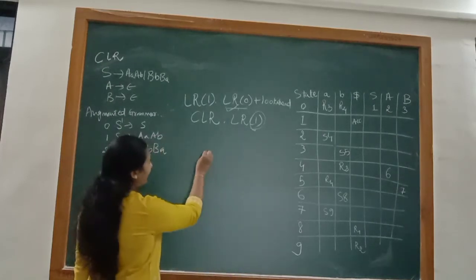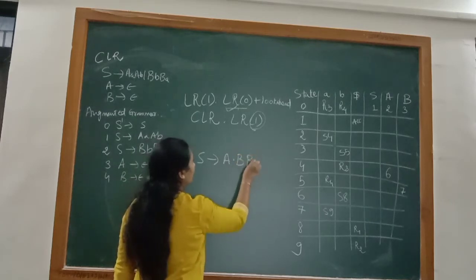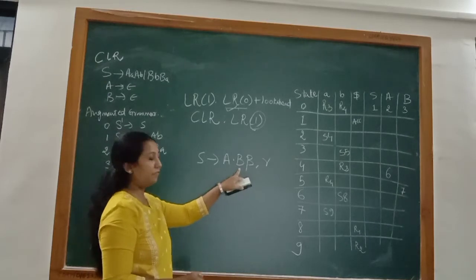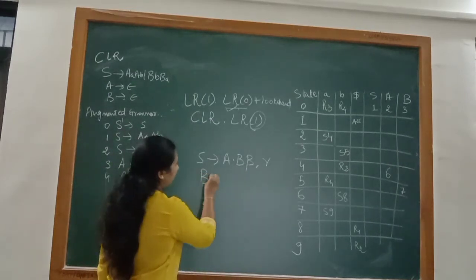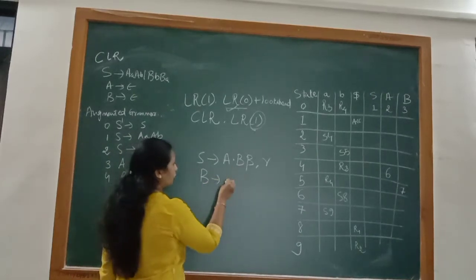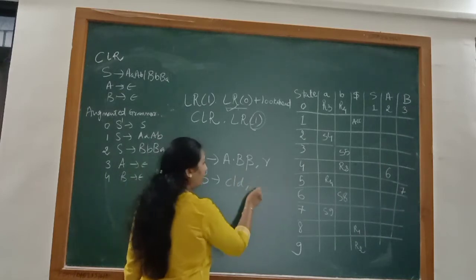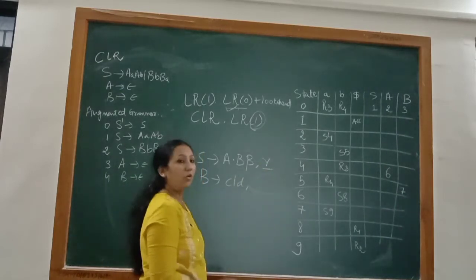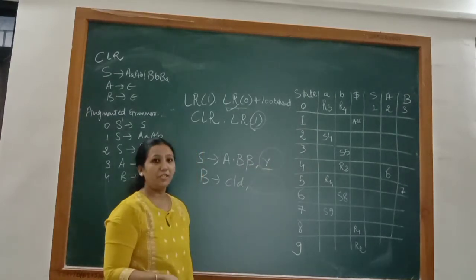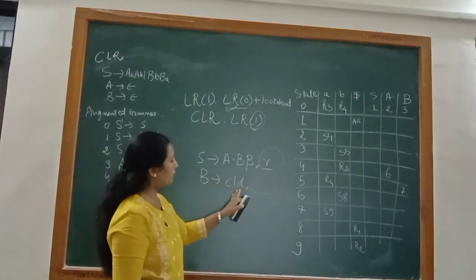For example, if I have a production of the type S to A dot B beta, comma gamma, then when we apply the closure operation, in the next step we have to include the production of B. When we include the production of B, for example B to C D, the symbol after the comma is called the lookahead symbol. When we put a comma and introduce a terminal symbol with the production, it is called a lookahead for that production: B to C, comma D.